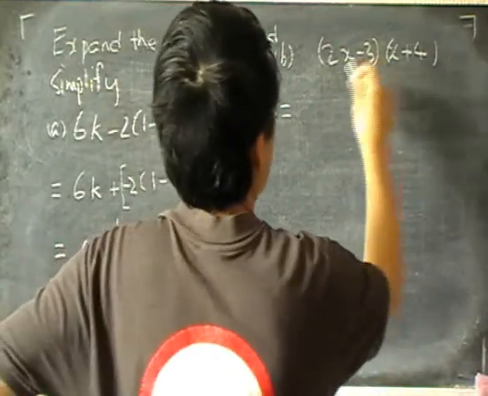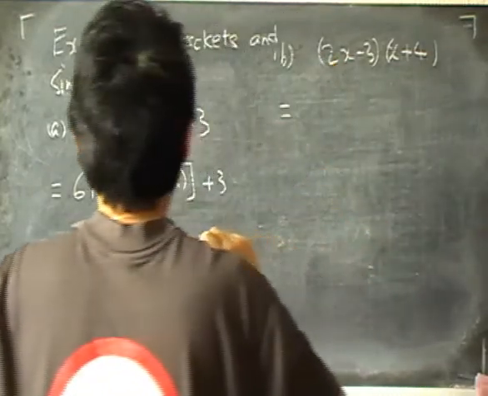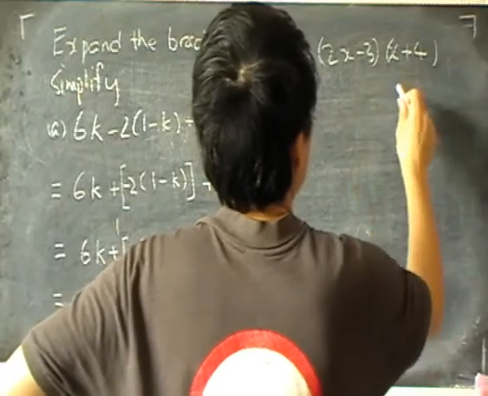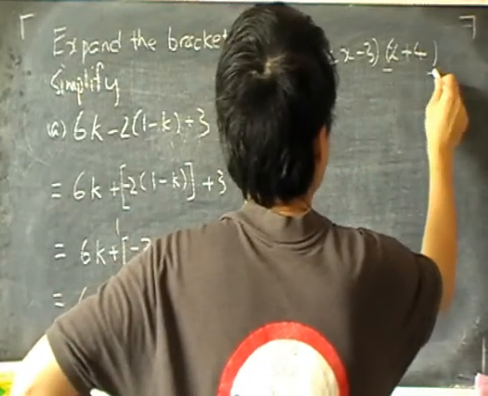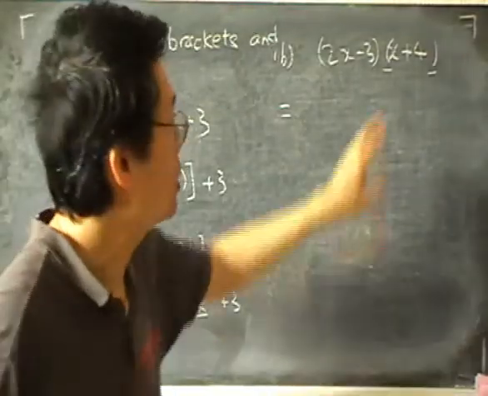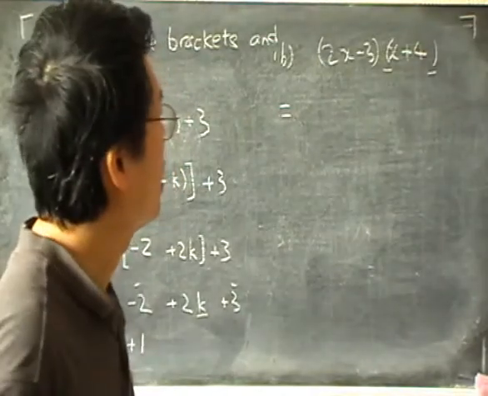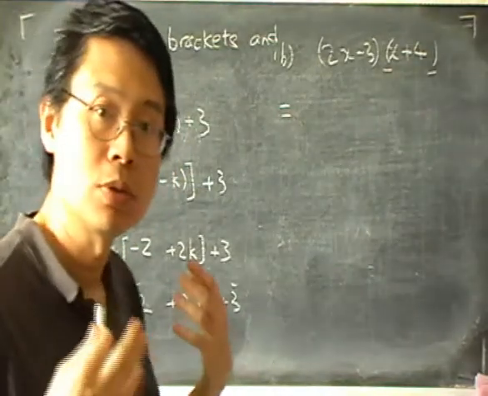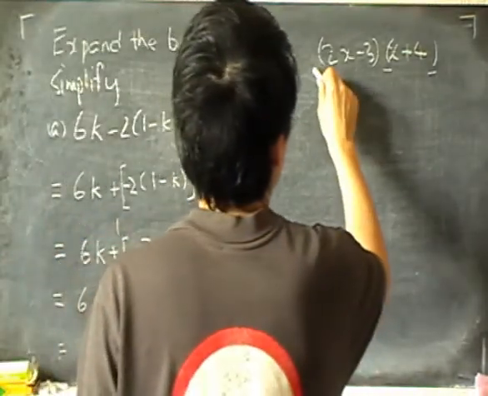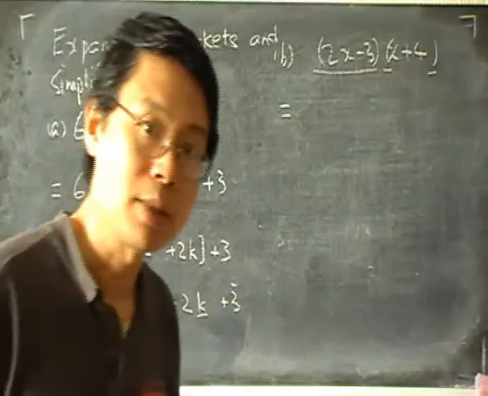Right, so let's start with this. Think of those brackets first. We want to start by removing those. And that means that I want to think of this whole lot as a single number.